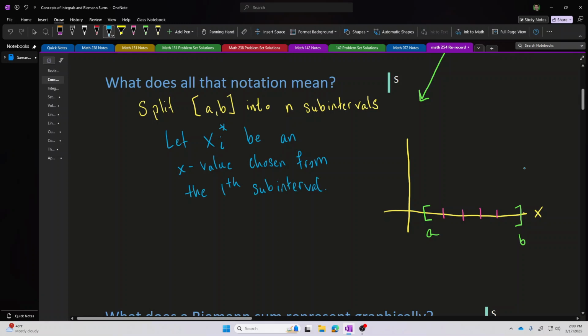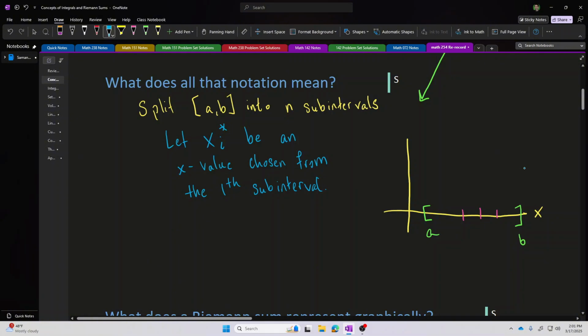So for example, in this drawing, if I chose the left-hand x value on each subinterval, then my x1 star would be a itself, x2 star would be this next value, x3 star would be here, x4 star, x5 star, and these would be the 5 x values that I would choose if I picked the left x value from each subinterval. By contrast, I could just as easily choose the x value on the right.